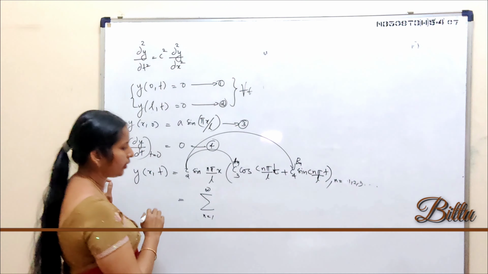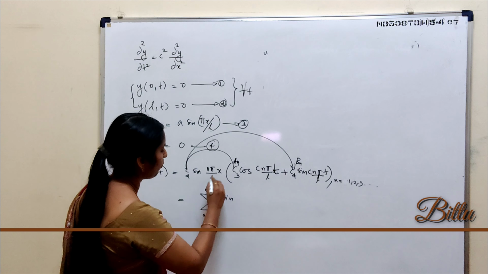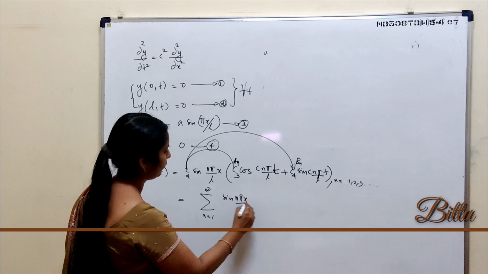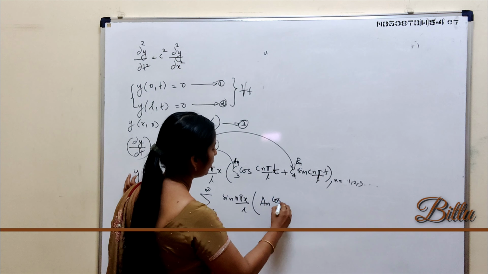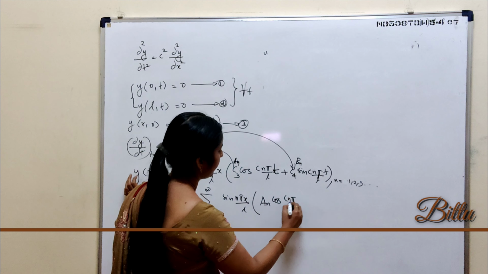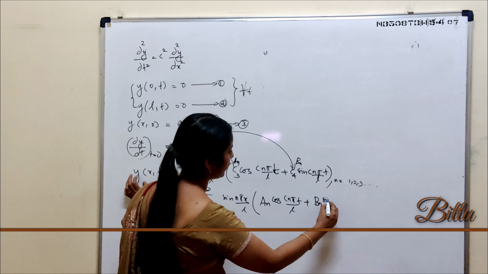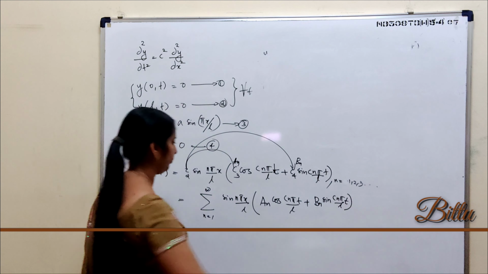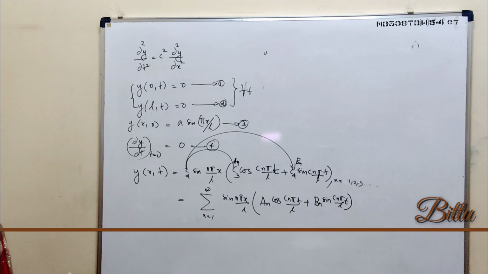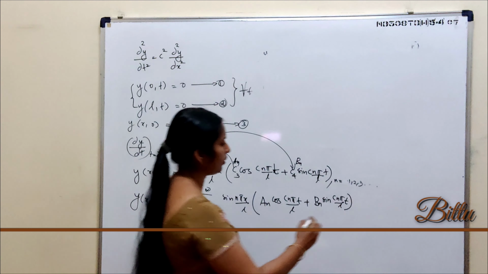So we can consider the general solution of the wave equation as sin n pi x by L common into An cos Cn pi by L t plus Bn sin Cn pi by L t. This is the most general form of the solution now. It is equation number 7.